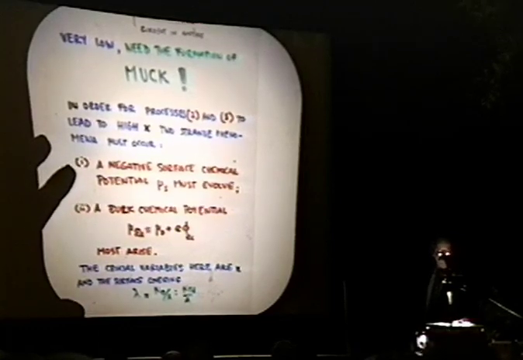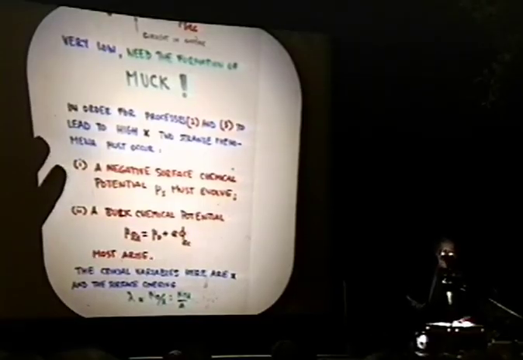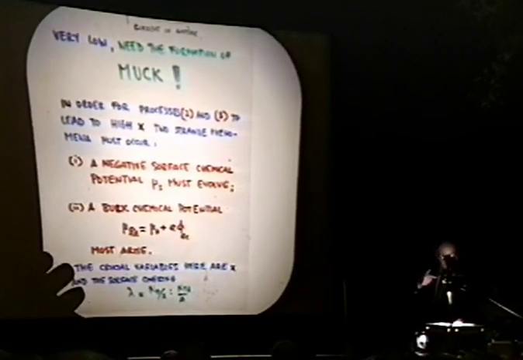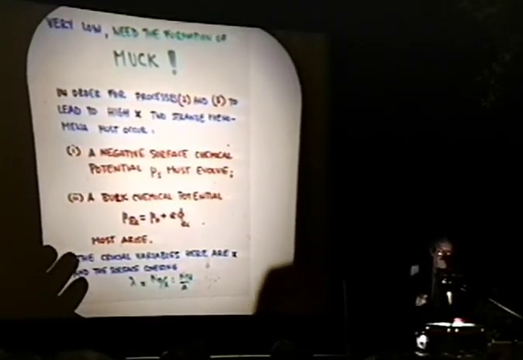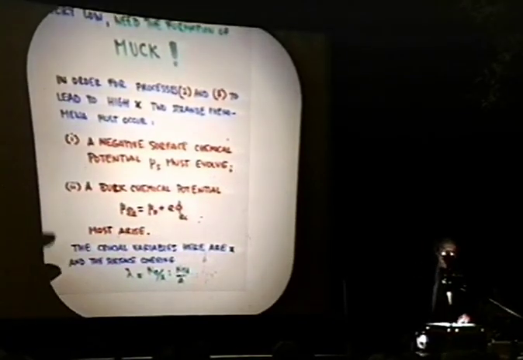One, you have to have the emergence of a negative surface chemical potential, and related to this, you have to have a bulk electrochemical potential, which is due to the loading of the lattice, which at high loading becomes highly positive. So you have something highly negative that ought to compensate for this.